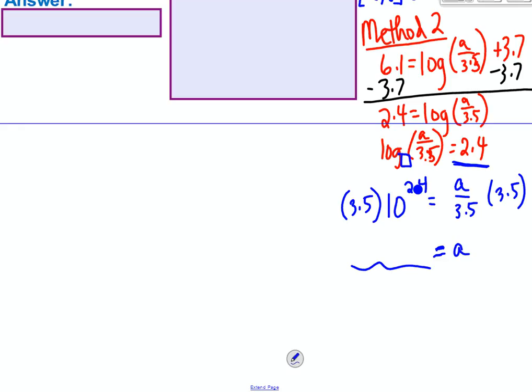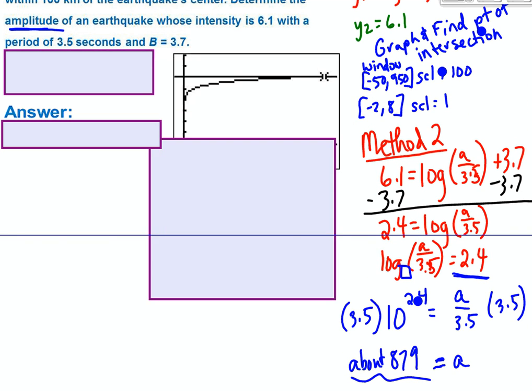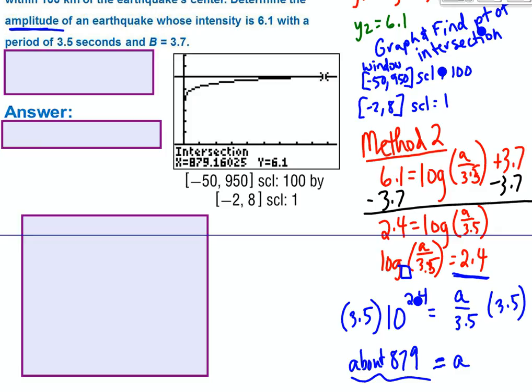Whichever method you choose, I'm going to tell you the answer right now. It's about 879 microns. I think when I did this, yes, I got 879 microns either way. And I will show you the picture here with the intersection shown as well. 879.2 is what it ends up to be there.